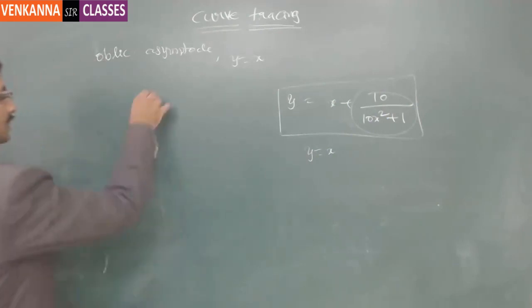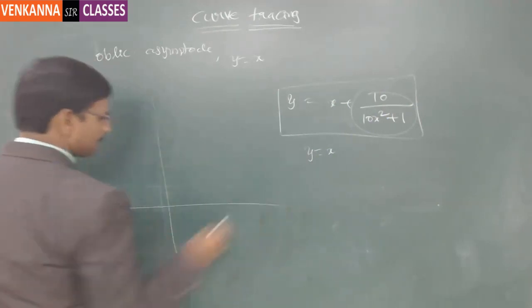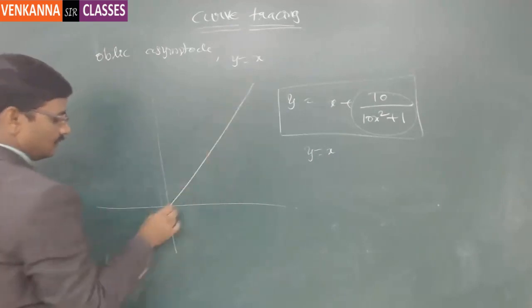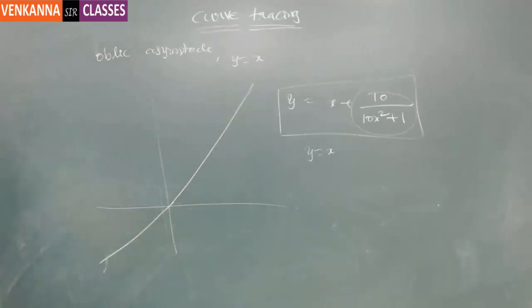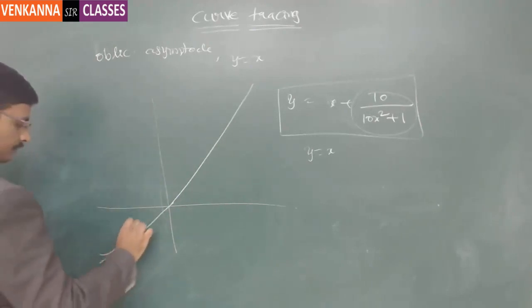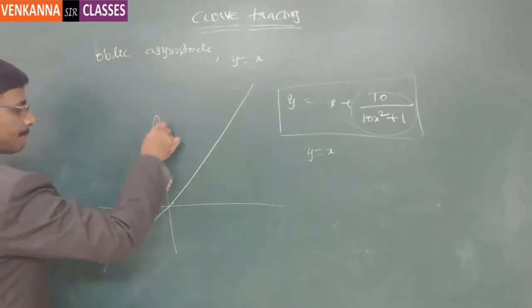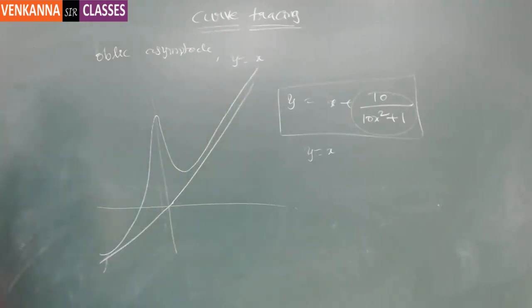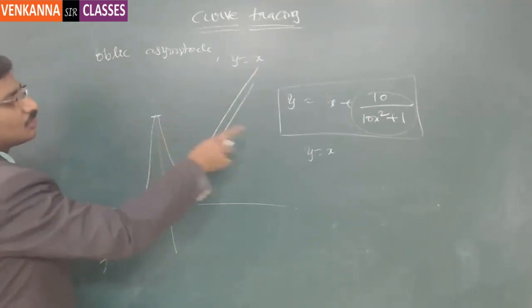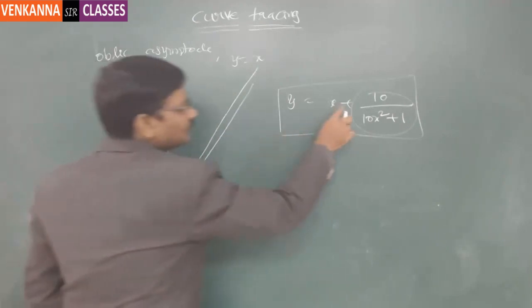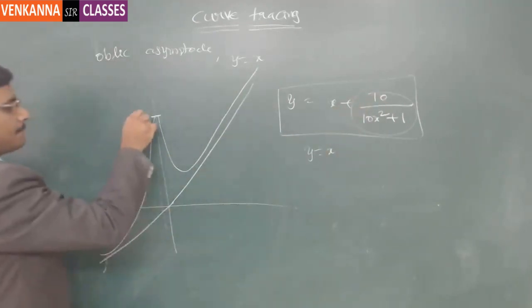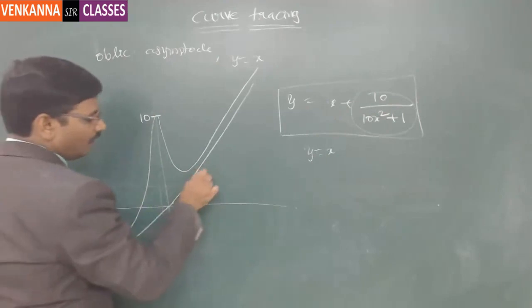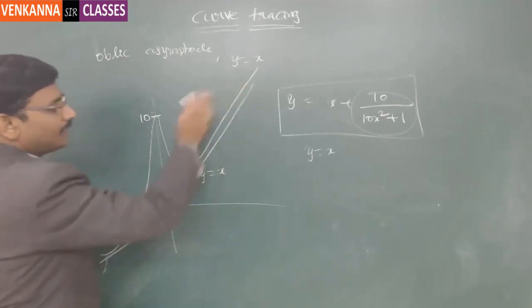If you trace this curve, this is the y is equal to x line, and then the curve you are going to get like this, and this point is at y is equal to 10. That is, when x is equal to 0, this part will be 10, and this is the line y is equal to x which will bind this curve.